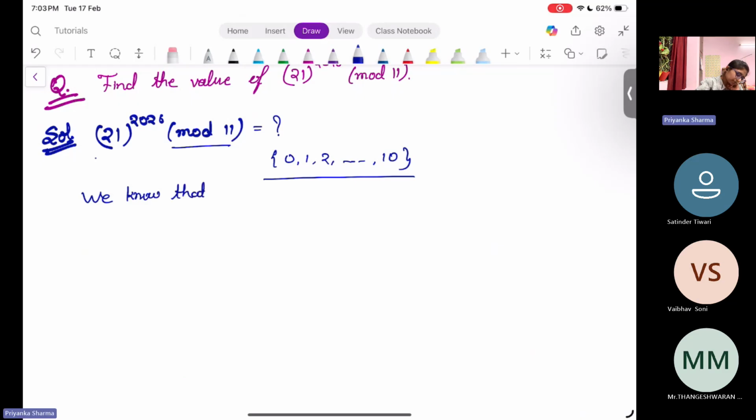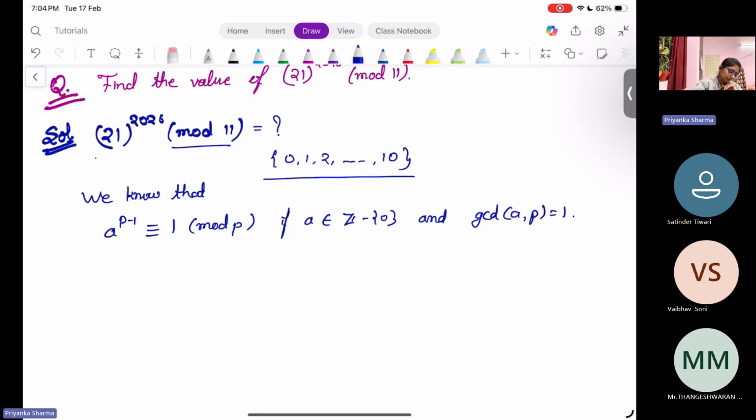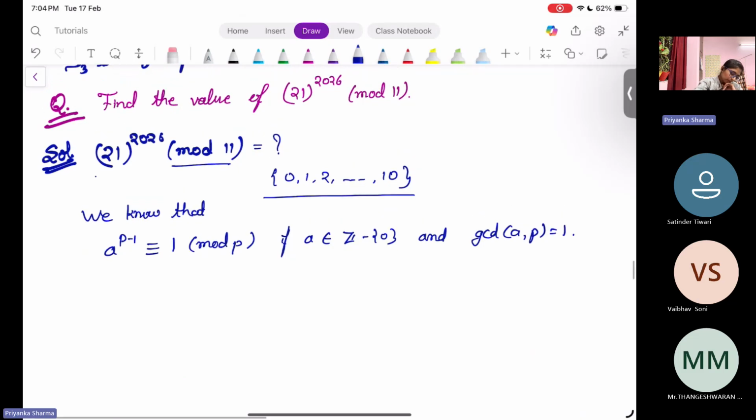We know that a to the power p minus 1 is congruent to 1 modulo p, if a belongs to Z minus 0 and GCD of a and p is 1. Clearly 11 is a prime number and 21 and 11 are co-prime, so we can apply this theorem.